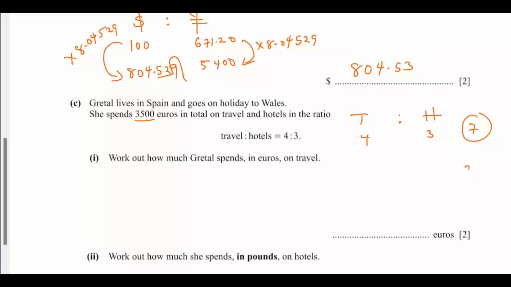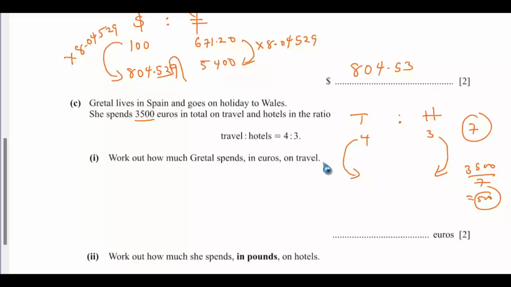That is 3,500 divided by 7, and that will give us 500. So that means we have 500 lots of 7 in 3,500. That is what we use to multiply the two ratios to get the amount spent on them respectively.